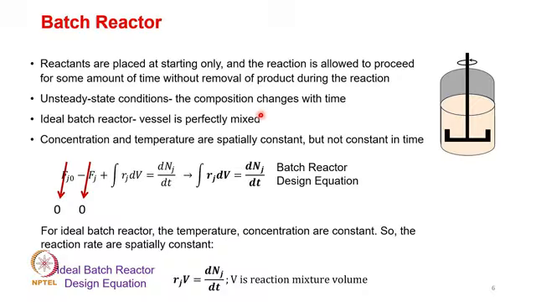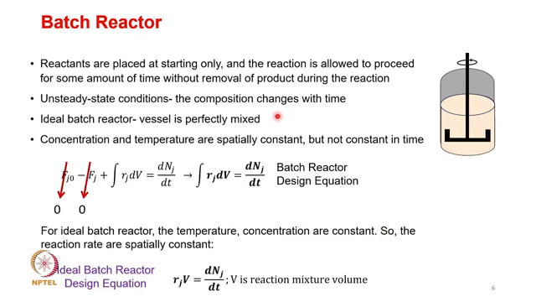Unlike the continuous reactors, batch reactor operation is unsteady state. Why? Because the composition in the reactor is changing with time. As there is no feed inlet or outlet, as time progresses the composition of the reactants and the products changes with time, and eventually you stop the process.